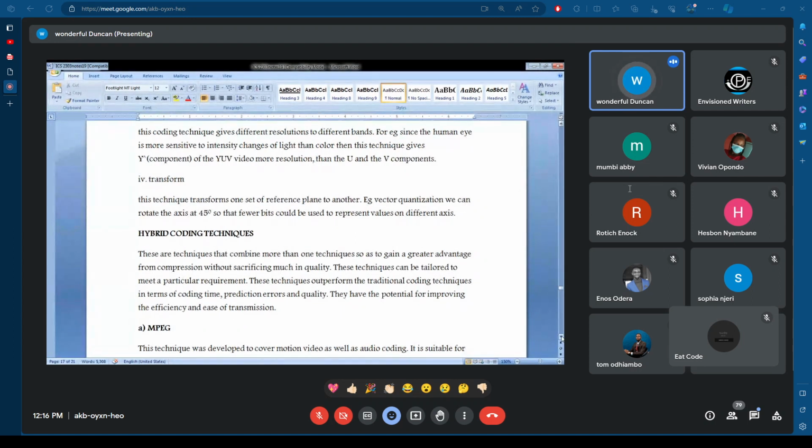Then the other one is transformation. This technique transforms one set of reference plane to another, e.g. vector quantization.